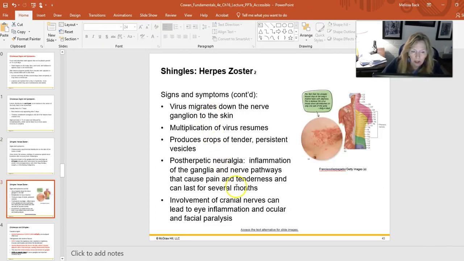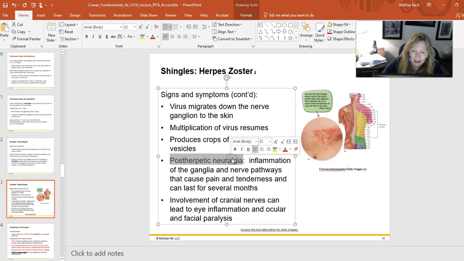Eventually this trail of vesicles would clear for most, but there are a few people who, once they have shingles, and remember, only about a third of people who had chickenpox will get shingles, will develop what's called post-herpetic neuralgia, which means after the herpes zoster outbreak, shingles, varicella zoster, there will be continued nerve pain. It can last for months, it can even last longer than that.